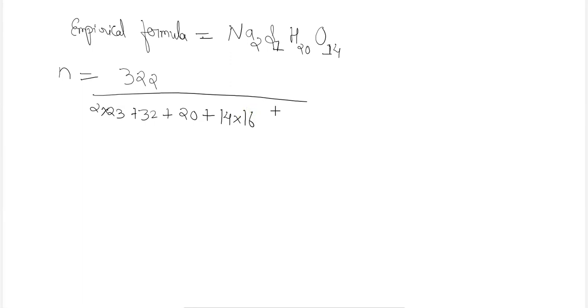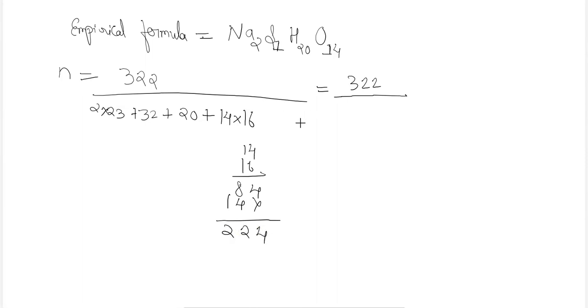So on multiplying and adding, 46 plus 32 plus 20 plus 14 into 16, 224. So 224 plus 20 is 244, 244 plus 32 is 276, 276 plus 46 is 322. Okay, it will become 322 only.